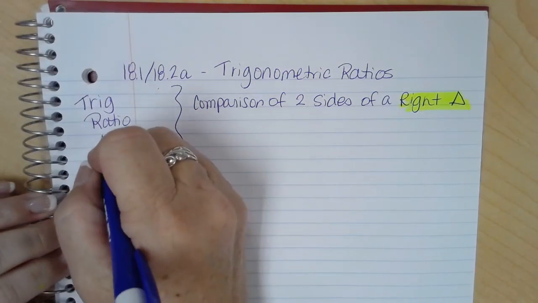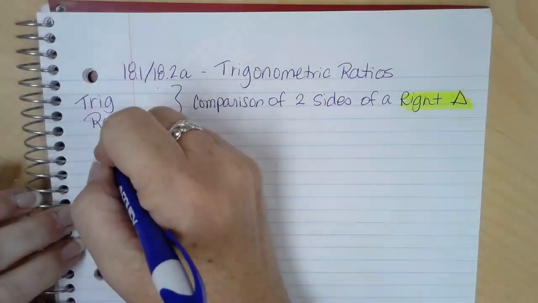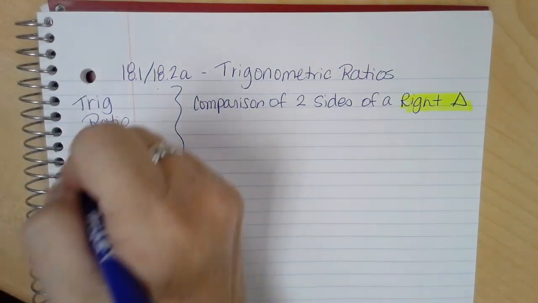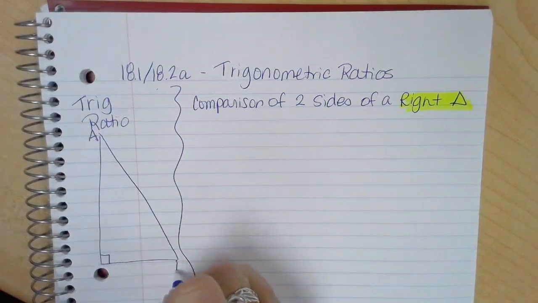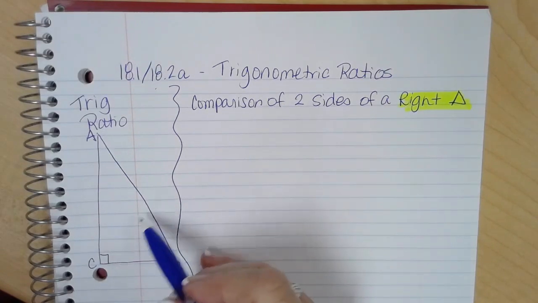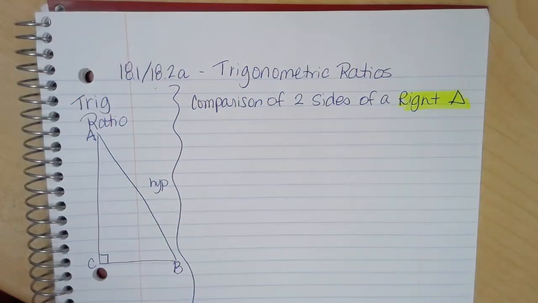So what I'm going to do over here is put a big picture. I'm going to make a big right triangle over on the left, and I'm going to label that right triangle A, B, C. Across from the 90 on a right triangle is always the hypotenuse. I'm reminding you of that.